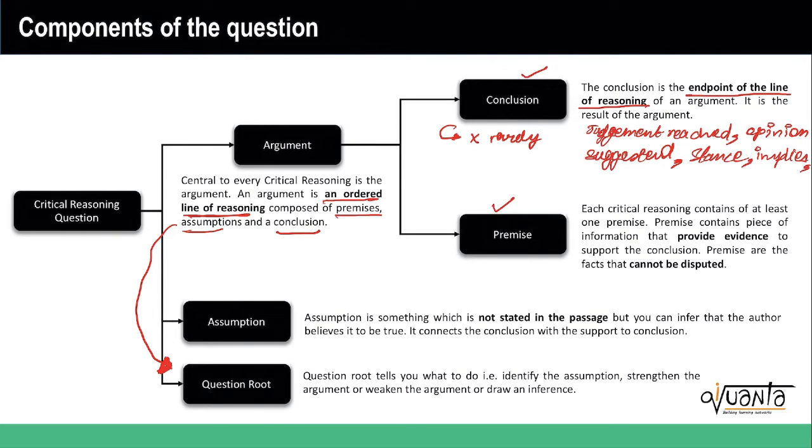Or it can say, in my view, my position is, he can state his position, right? So this is all conclusion.